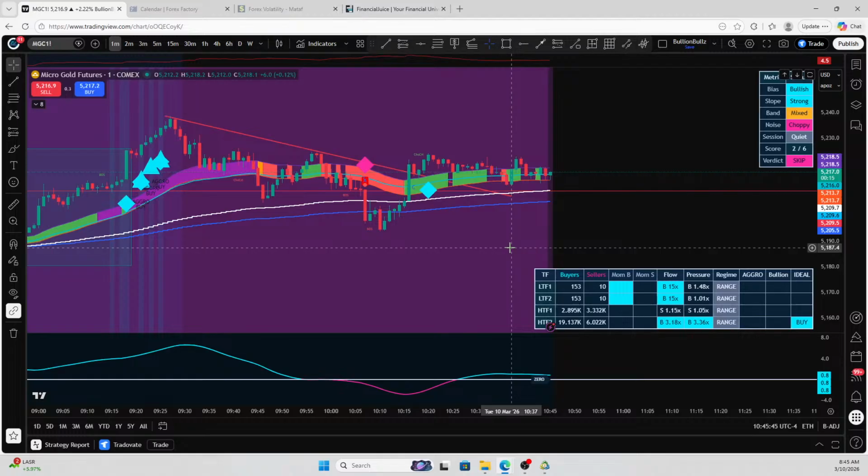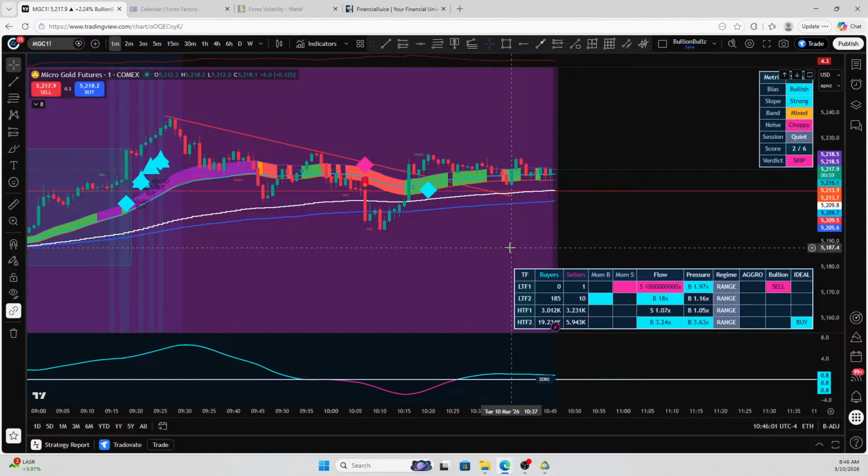Our trading system actually helps us see through different ways when the market is choppy versus trending. And that helps us avoid bad trades.